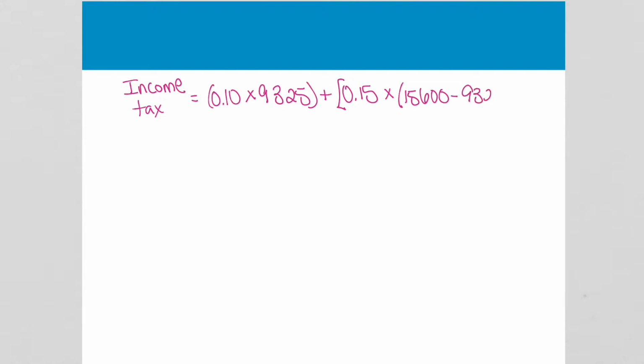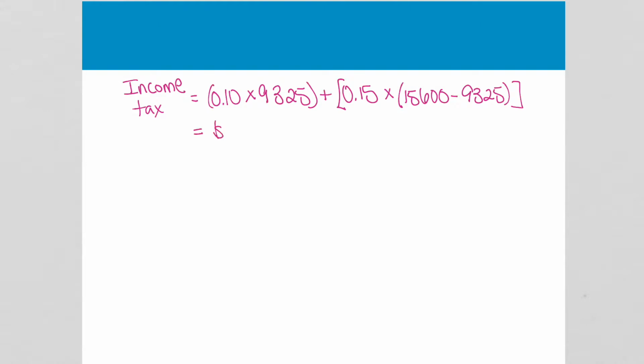If I ever move too fast, just pause or rewind, okay? Income tax, then, is 10% on the first $9,325. And she's just in the 15% bracket. So 15% on the 15,600 minus 9,325.